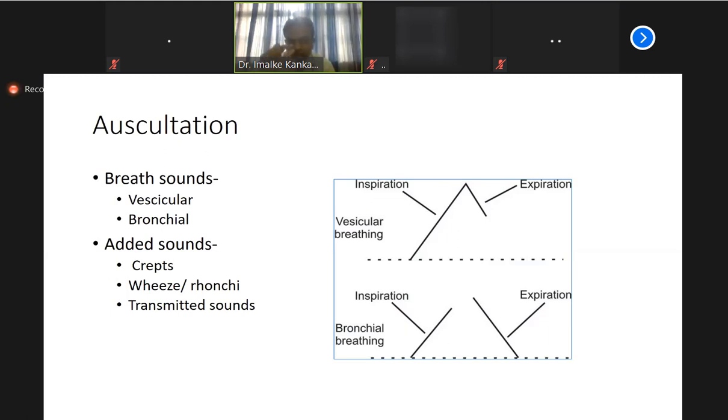One is effusion, one is lobar pneumonia. To differentiate that, percussion is important, right?